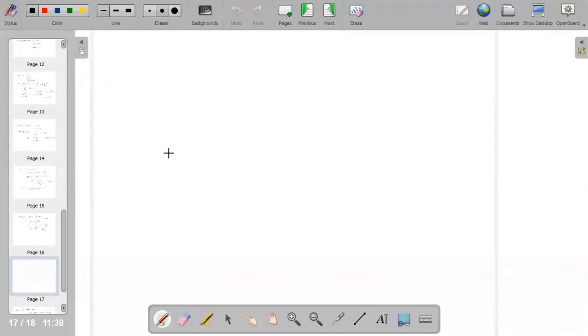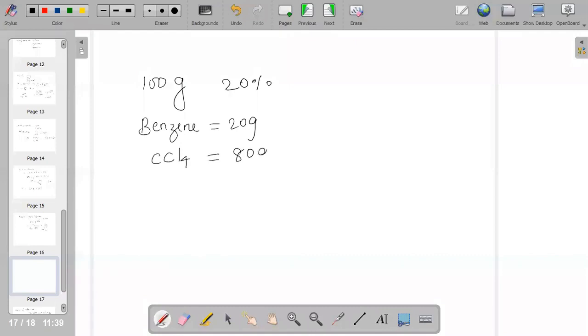So suppose the total mass is equal to 100 gram and benzene is 20 percent. So the mass of benzene is 20 grams, and of course the other is CCl4, which is 80 grams.